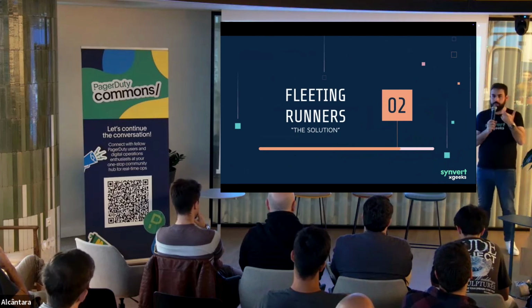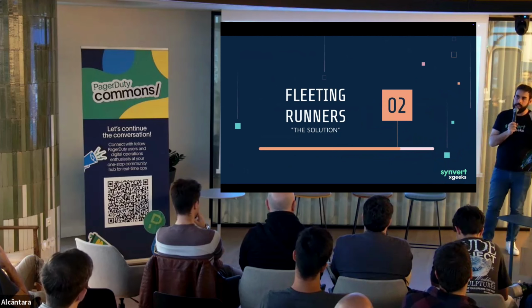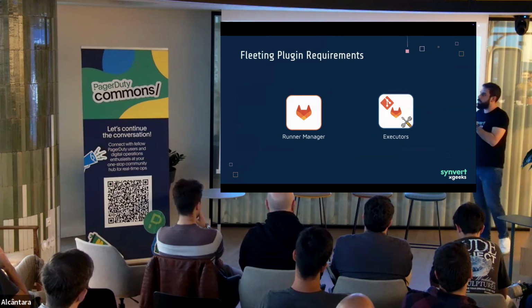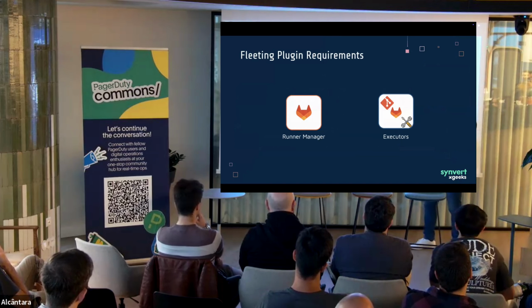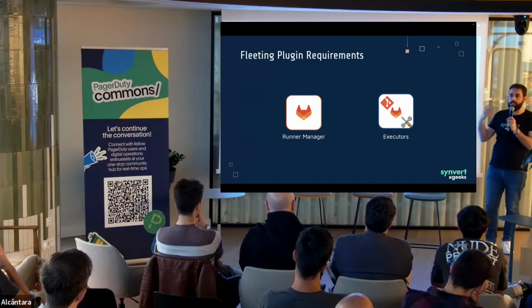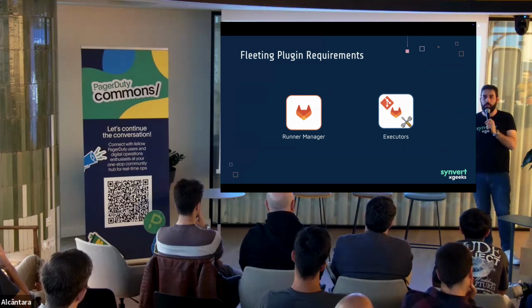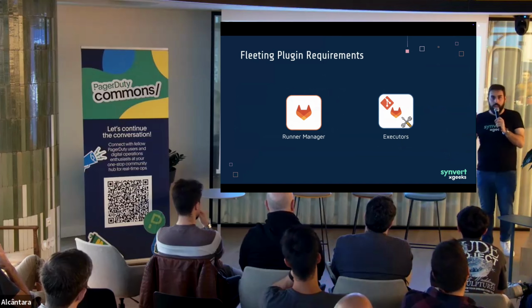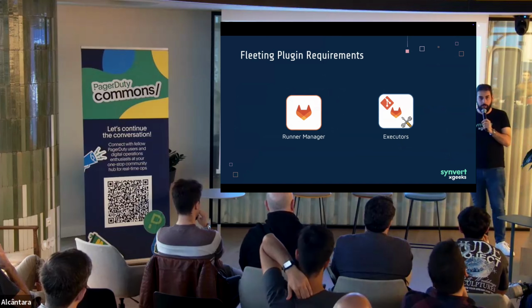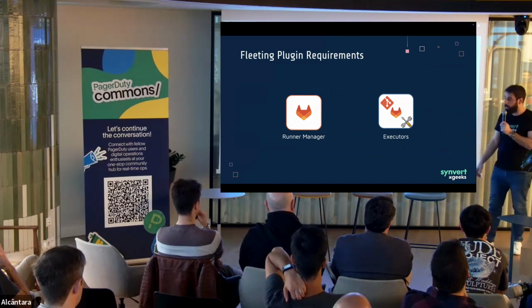So why fleeting? Fleeting comes from the GitLab plugin that is called Fleet. And what are the fleeting plugin requirements? Basically just two things. A runner manager that is no more than a GitLab runner with a plugin installed. A plugin that will interact with your cloud provider API.